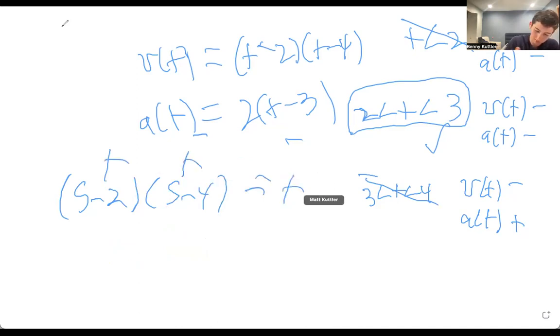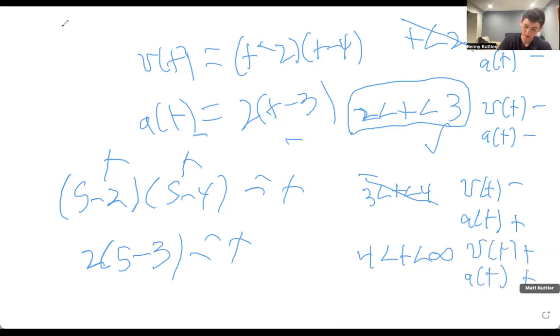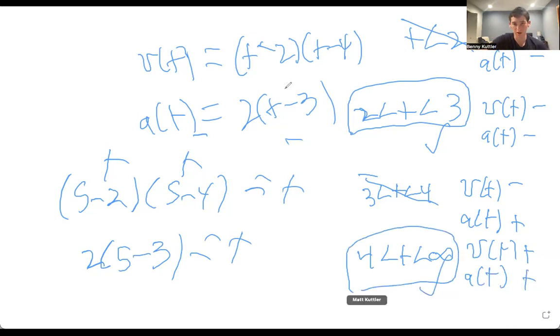So that's going to be positive. And if we plug in 5 to the acceleration, 2 times 5 minus 3, it's going to be positive. So we know that between 4 and infinity, they're both going to be positive. v of t is positive, and a of t is also positive. So that works. So these are our two answers right here.